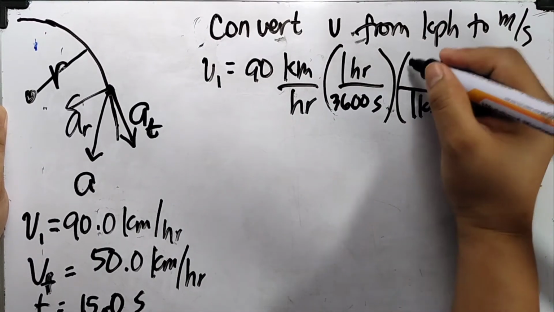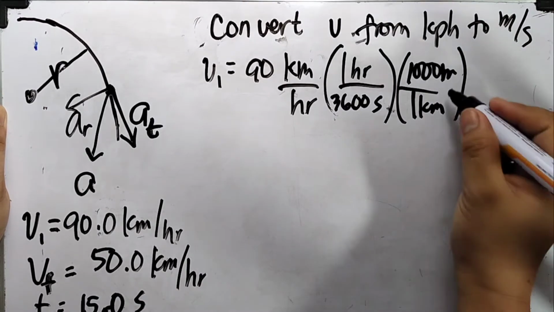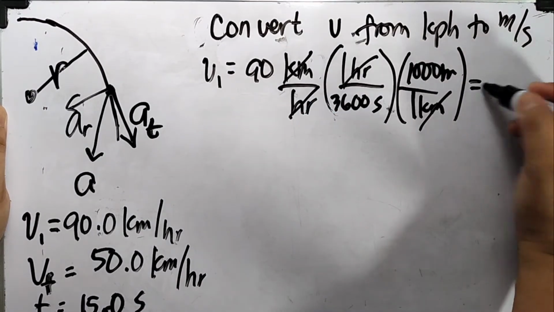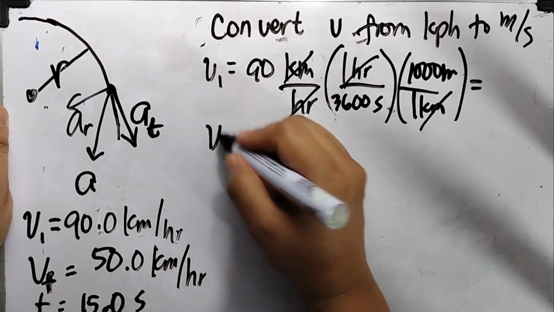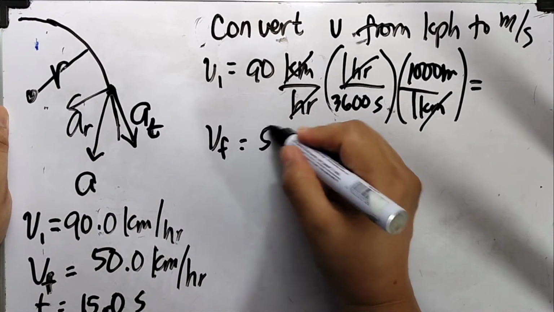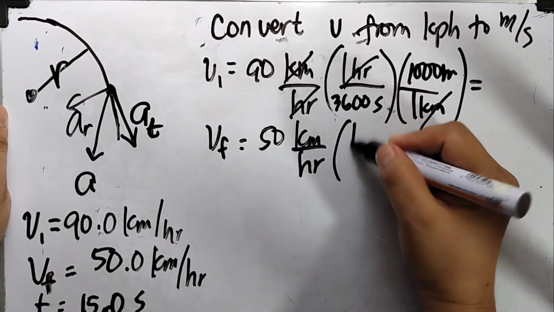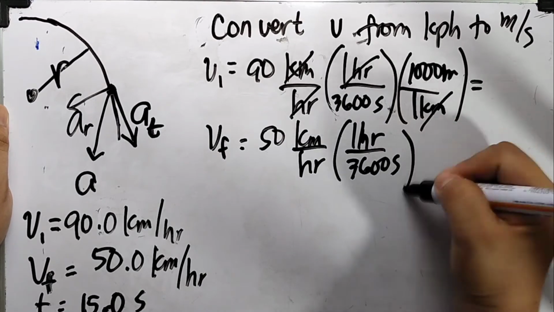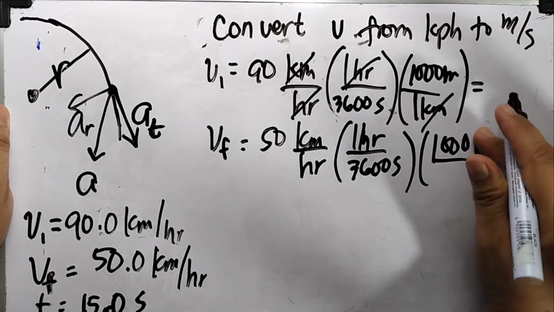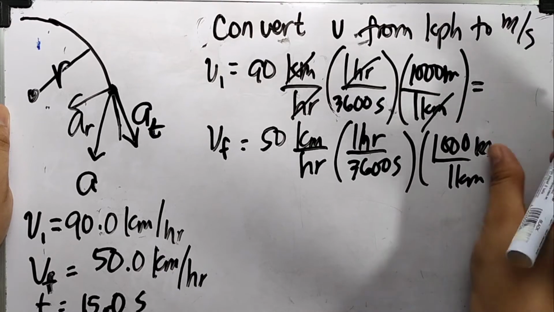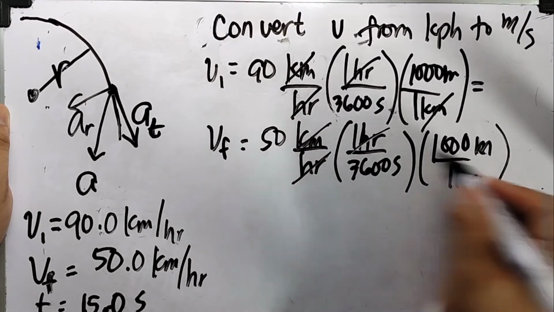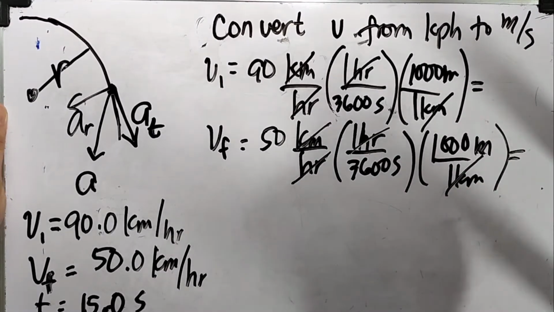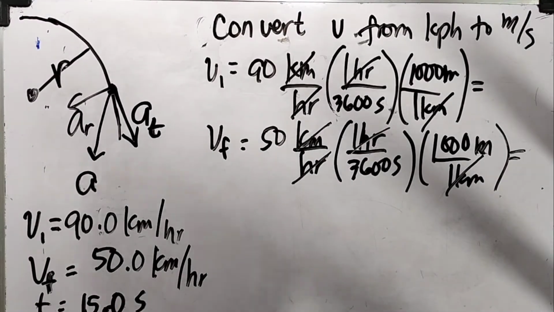Using your calculator, you can find the initial as well as the final velocities of the train. So 90 kilometers per hour and then 50 kilometers per hour, the same conversion will be used since we want to get meters per second. Cancel kilometers, cancel hours.